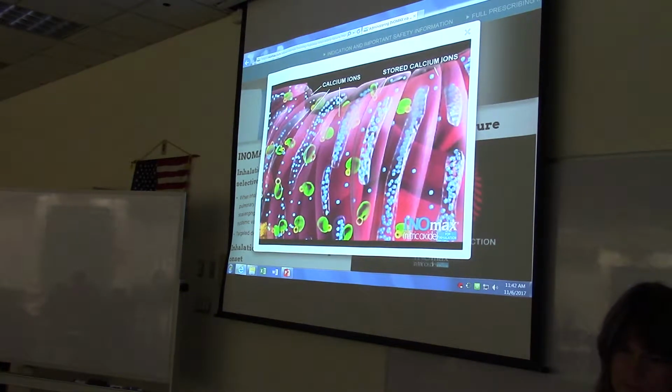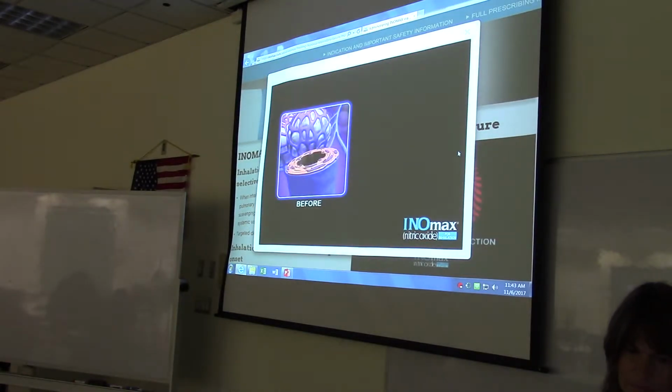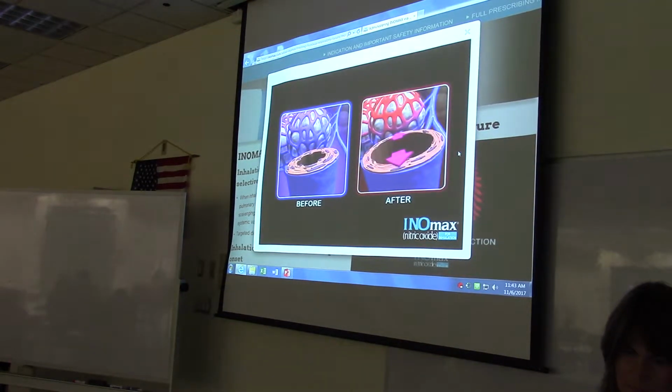Cyclic GMP activates various kinases that cause calcium ions to be stored in the sarcoplasmic reticulum and reduce the amount of calcium that can enter the cell through calcium ion channels. The activation of cyclic GMP-dependent kinases and the decreased concentration of calcium lead to smooth muscle cell relaxation.